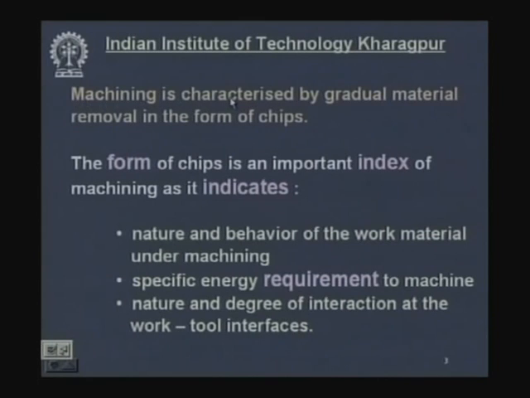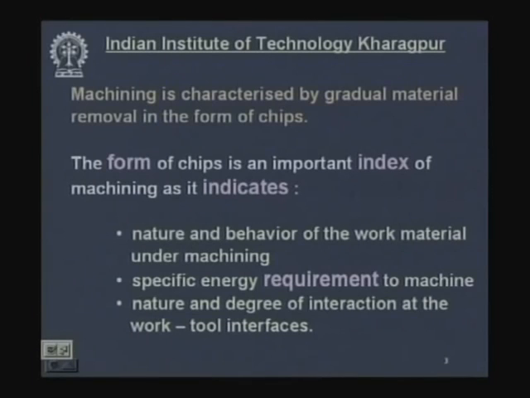Now machining is characterized by gradual material removal in the form of chips. The purpose of machining is to provide dimensional accuracy and surface quality to the preformed blanks, to enable the object to fulfill its functional requirement, work better, perform better and render longer service life.